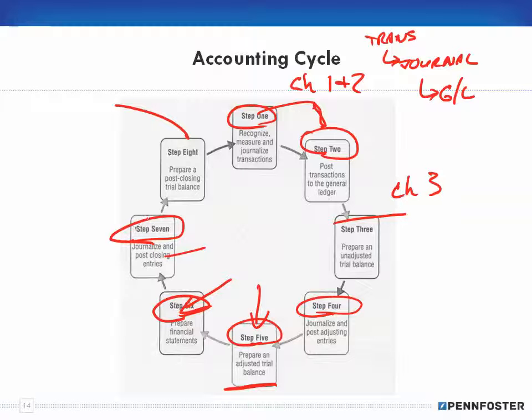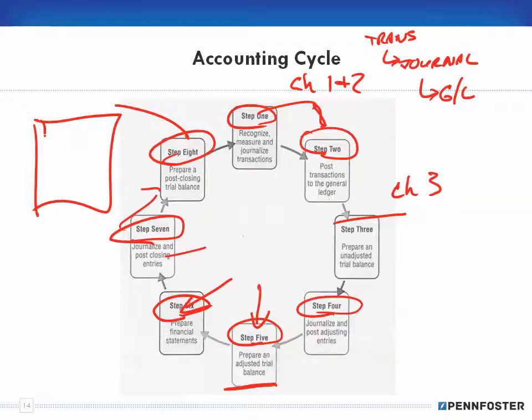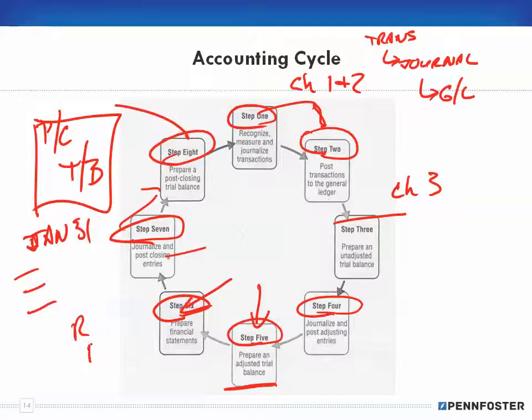And when we've made those journal entries and posted them, in step 8 we're able to prepare a post-closing trial balance. When I'm looking at that post-closing trial balance, those are the ending balances in all of my general ledger accounts as of that specific date, let's say January 31st. So we'll have balances in our asset accounts, our liability accounts, and our equity accounts, but we won't have balances in our revenue or our expenses.